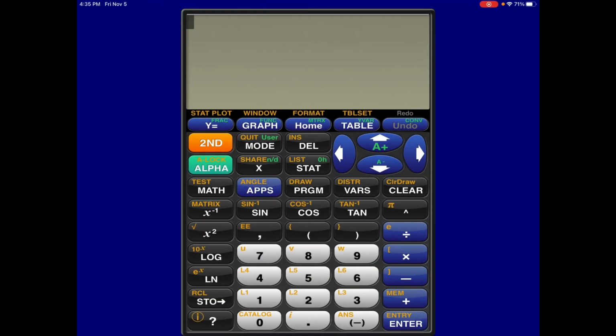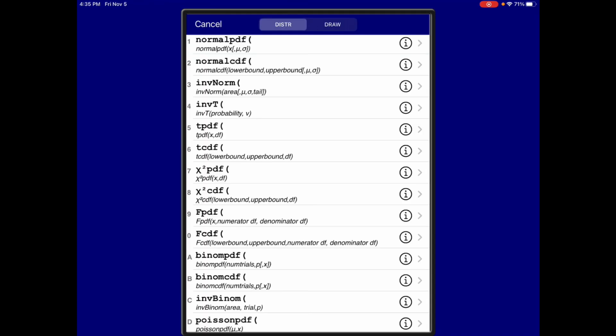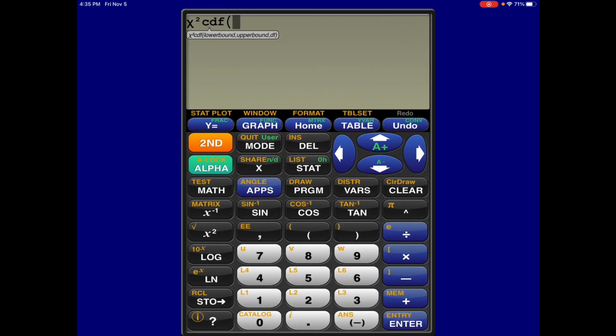On your graphing calculator, you're going to go to second, vars, and look for chi-squared CDF. For me, it's number 8, so chi-squared CDF. Then we're going to enter in our lower bound, which is going to be the test statistic that we just came up with, and our upper bound, which is going to be 1E99, because that chi-squared distribution goes on forever to the right, and then our degrees of freedom, which for McNemar's test is always going to be 1.